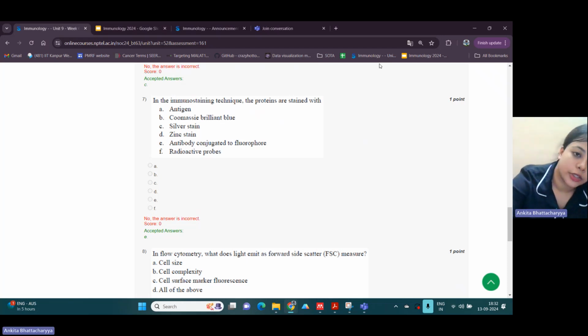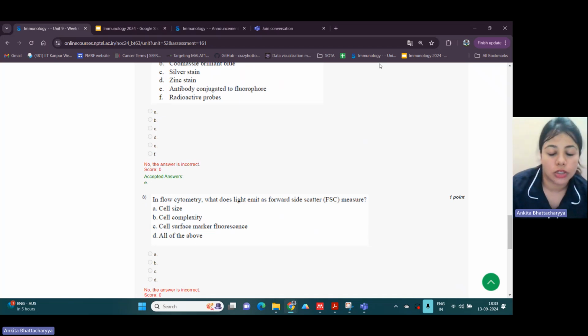So the correct option is that the antibody should be conjugated to some sort of a detection signal. That can be a fluorophore, or some luminescent signal, etc. Most commonly a fluorophore is used. Alternatively, what is also often done is the use of ECL reagents, which are electrochemiluminescence reagents.